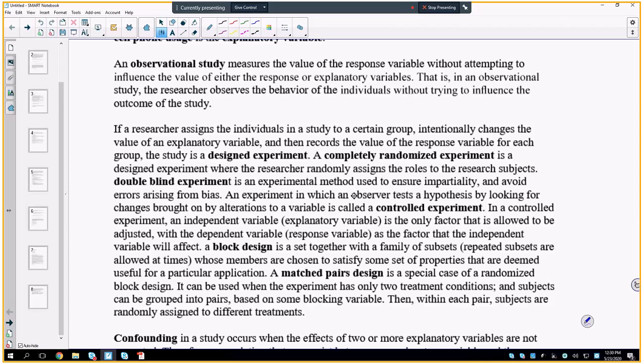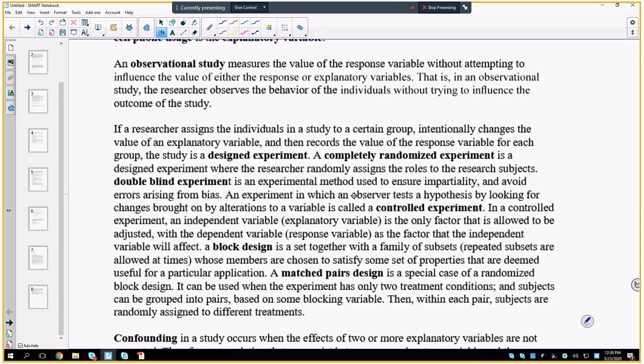In an experiment, we try to influence the situation and see, if I change the explanatory variable a little bit, how does my response variable change? A completely randomized experiment is a designed experiment where the researcher randomly assigns the roles to the research subjects. So these are types of designed experiments.